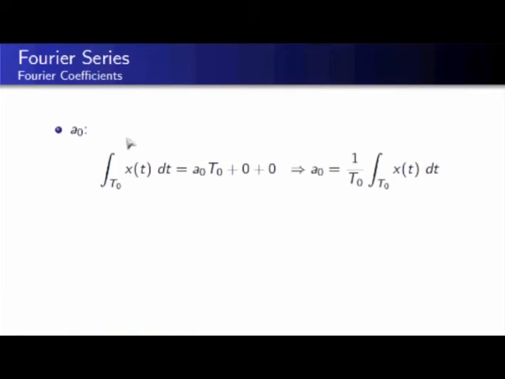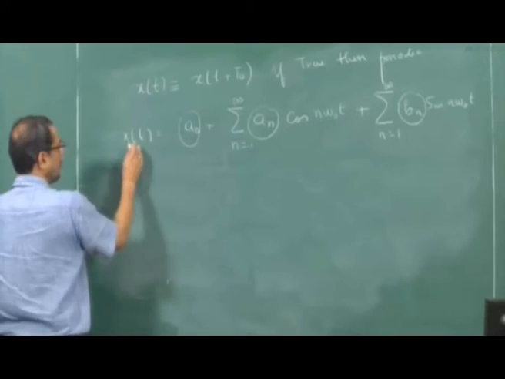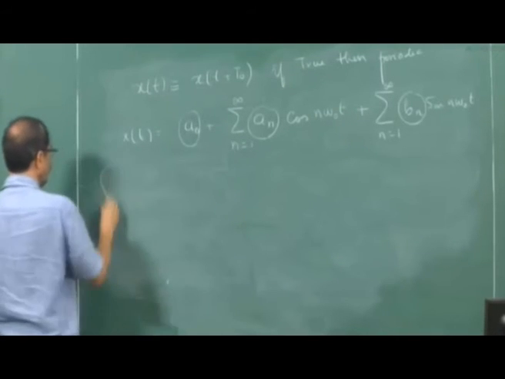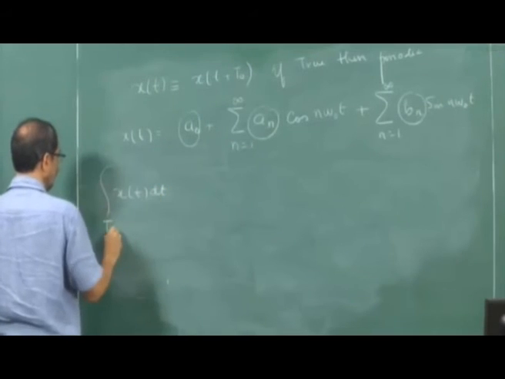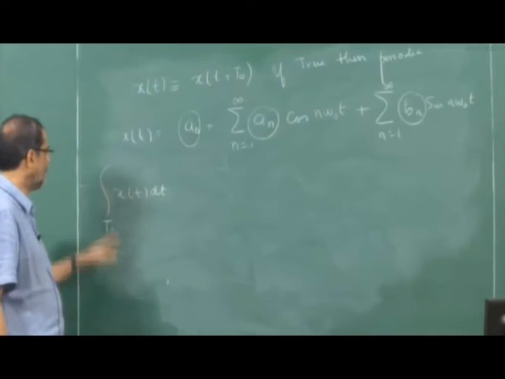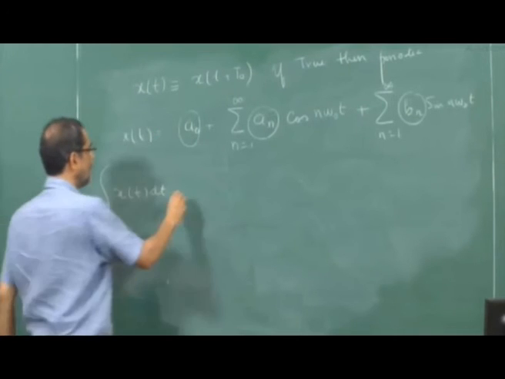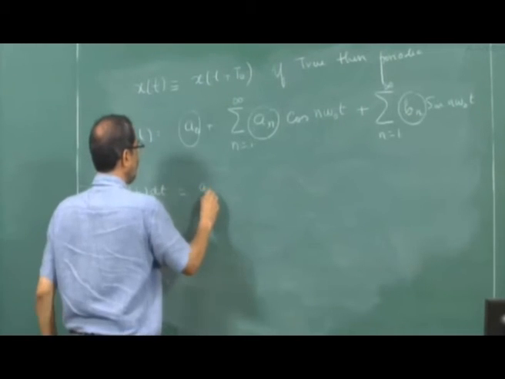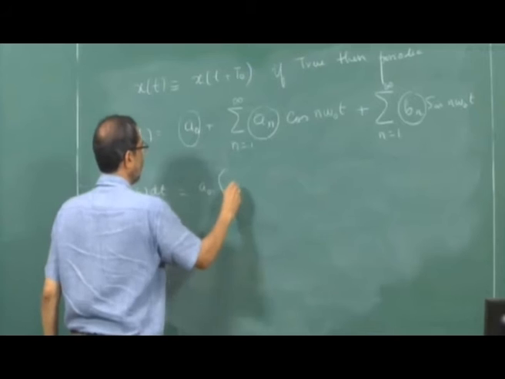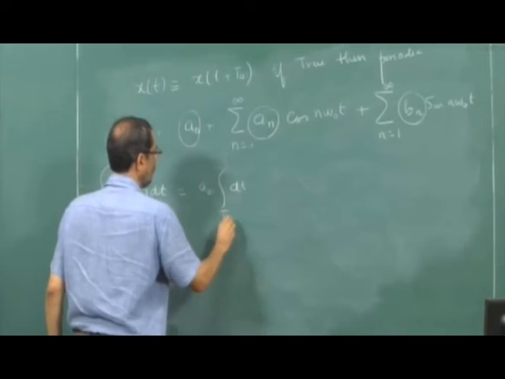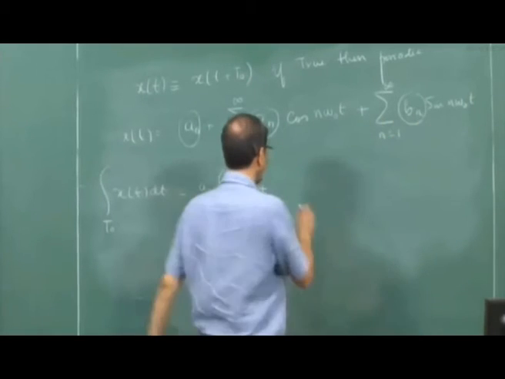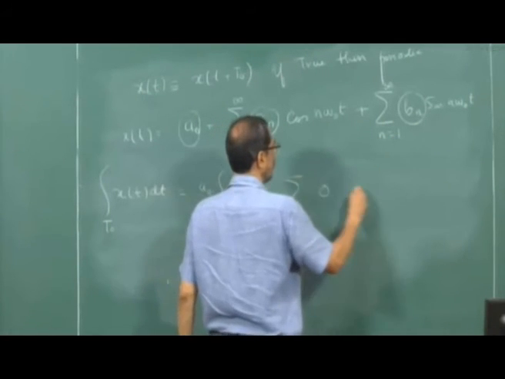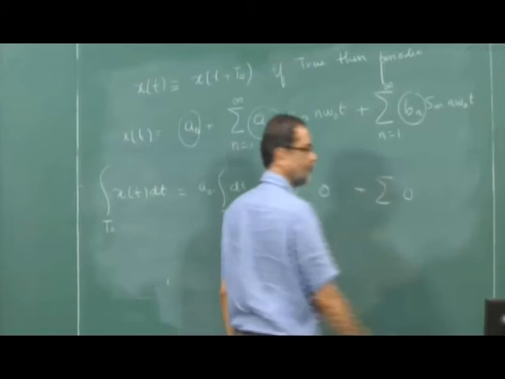So you can now show that if you integrate on both sides, if you perform the integral of x of t dt over one period, which I will denote as T naught, then this will be a naught into dt over T naught. The cosine term will integrate to 0, the sine term will integrate to 0, so I get a summation of 0 plus a summation of 0.